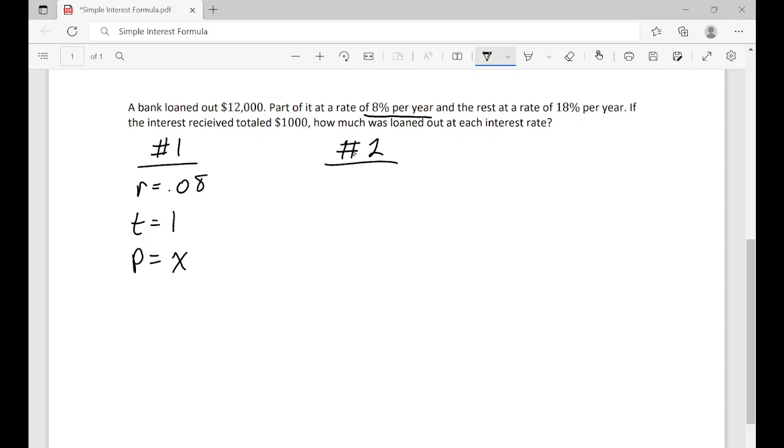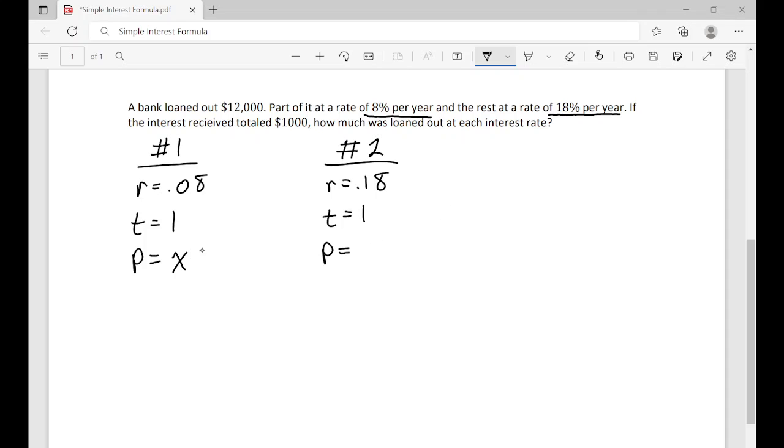Now let's jump to number 2. The 18% per year. So the rate is going to be 0.18. Again, the time is going to be 1. And the amount I put in is, I don't know.